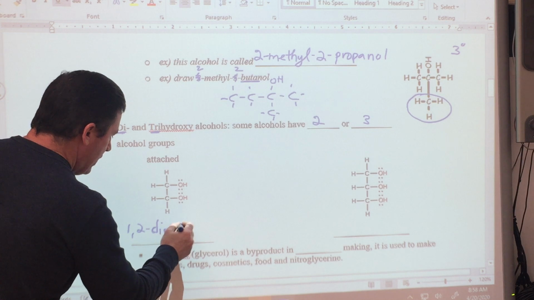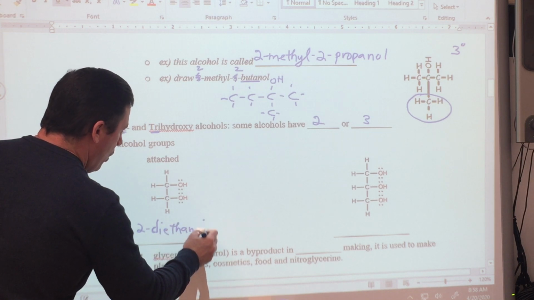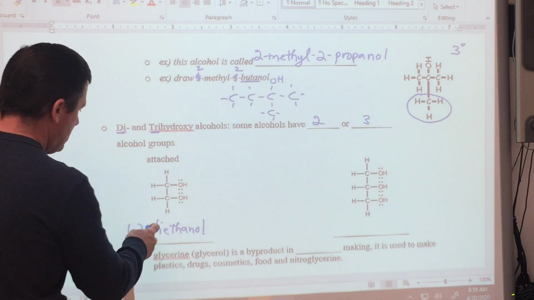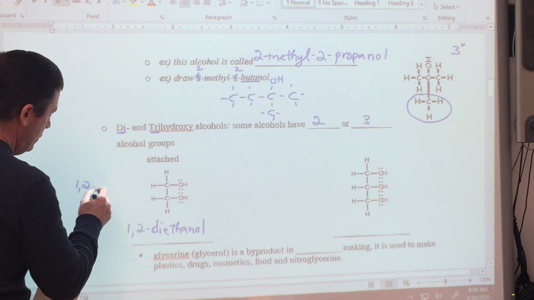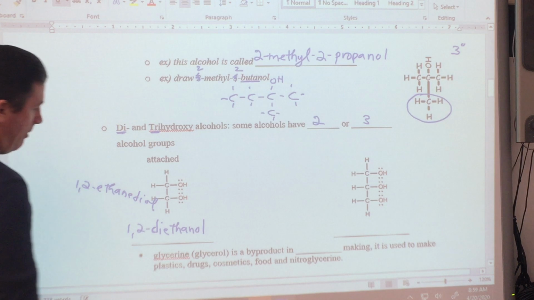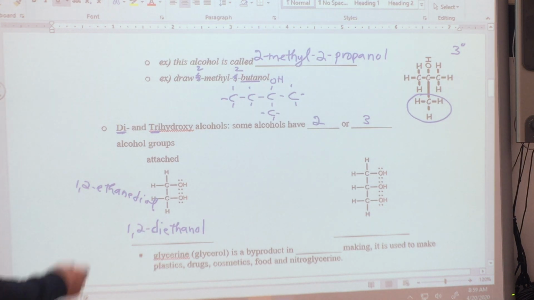And we name that 1,2-diethanol. 1, 2, di, because there are 2 of them, ethanol. Sometimes you might see this as 1,2-ethanediol. Okay? Probably should go with this one.